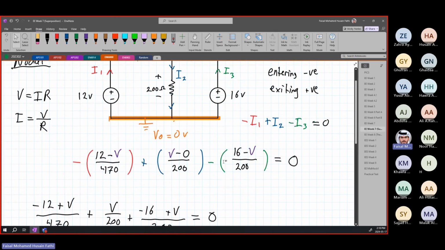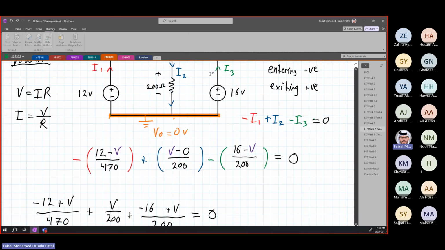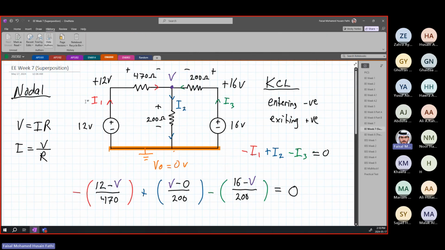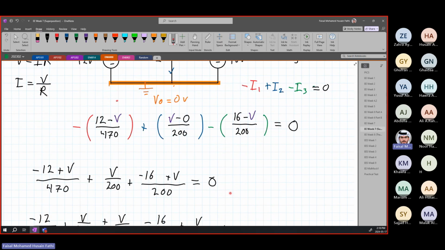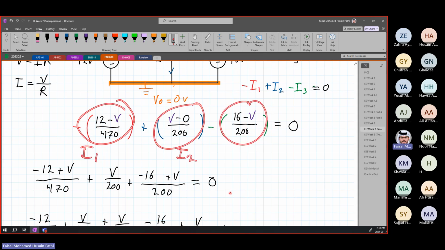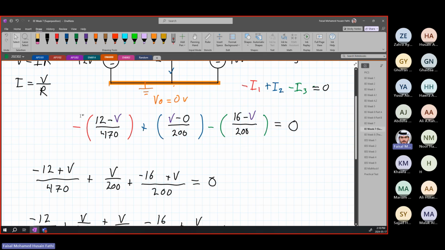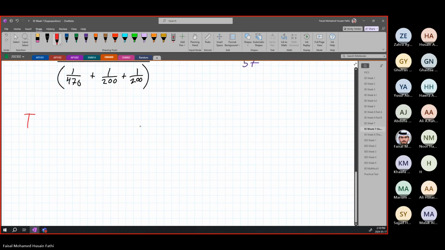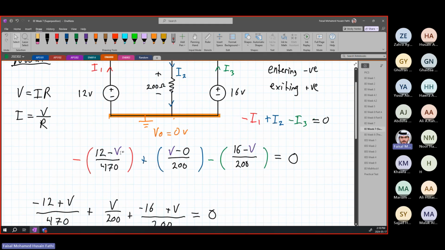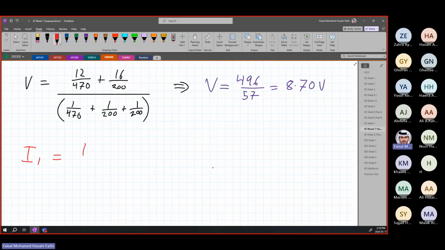Now that we have found our nodal voltage, what do we do? We take these equations again. The idea is we wanted to determine the currents I1, I2, I3. So now that we have V, we substitute it into each one. We know that this is I1, this is I2, and this is I3. So for I1, it is equal to 12 minus V over 470, so 12 minus 8.7 over 470.